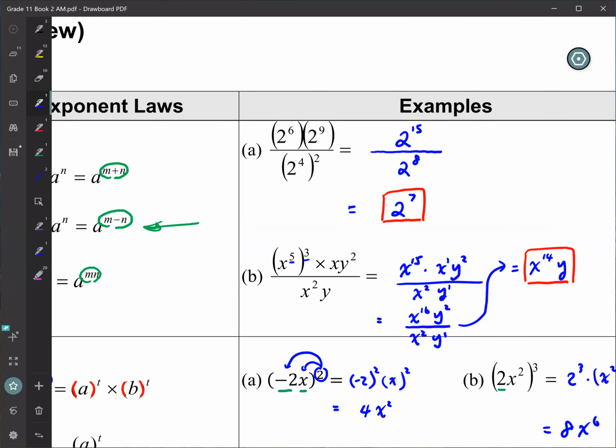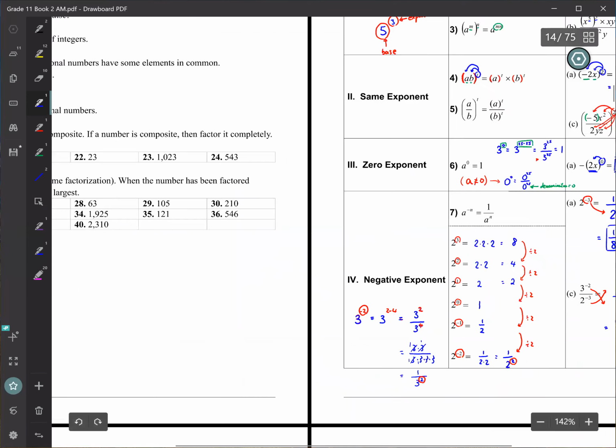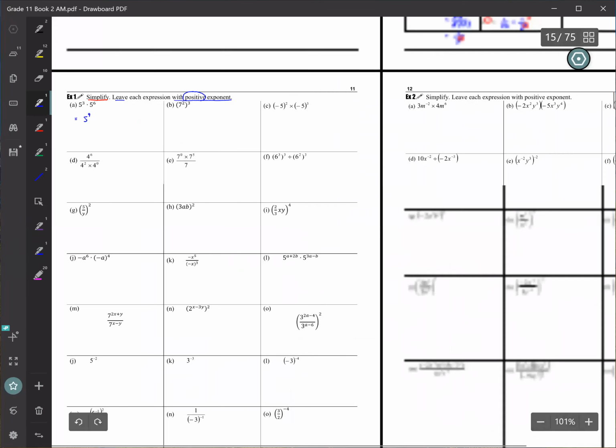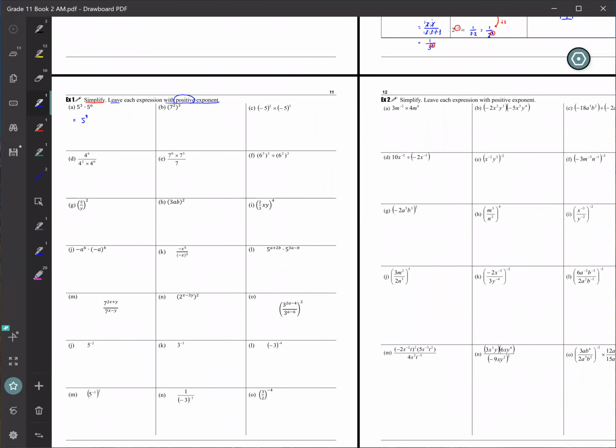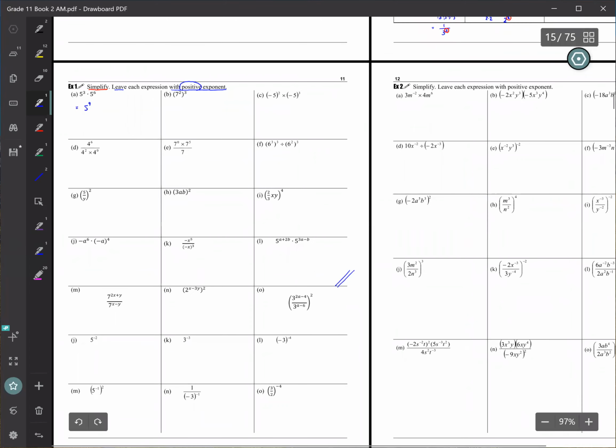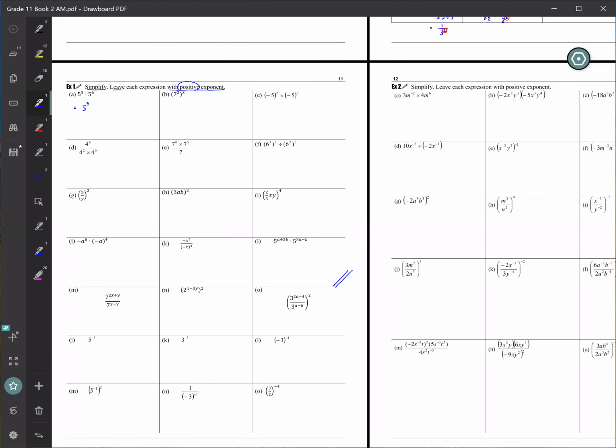This page, the next page there. How many questions are here? I think we'll do up to L first, and then we'll go over it. So I'll let you guys complete up to, actually up to O. Up to O has no negative.